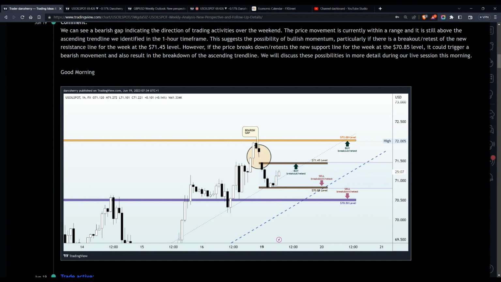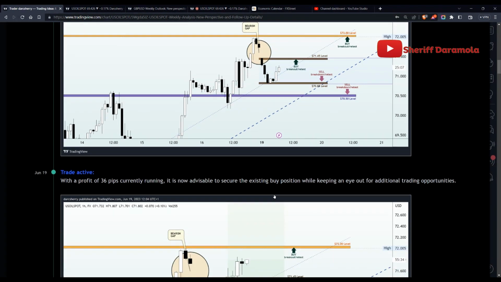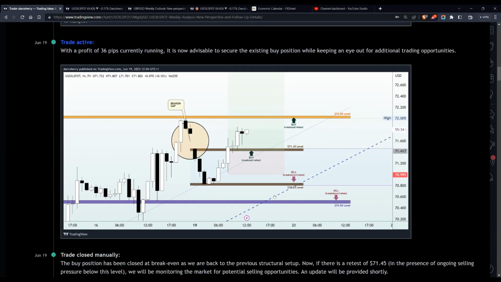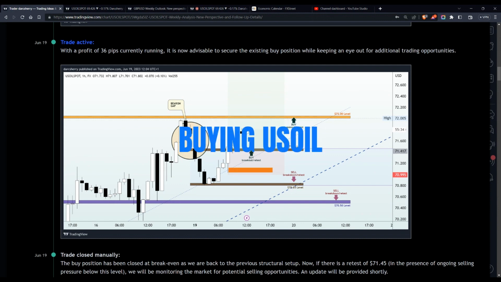We want to wait patiently for price action to either break out or break down this channel for an opportunity to buy or sell. And considering the fact that price remains above that trend line, we were looking out for buying opportunities. So with a buy stop order above the $71.45 level, the first day of the week was more of buying the US all spot.